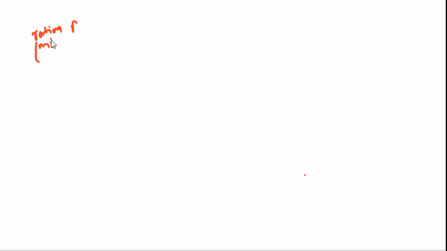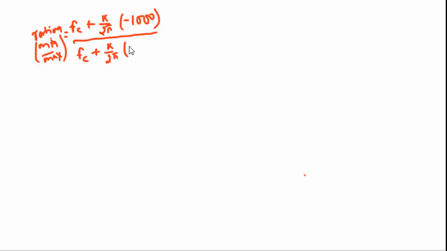So from these two you can write that the ratio of min to max is fc plus k by 2 pi times minus 1000, over fc plus k by 2 pi times 2000. K is given in the question as 10 pi, and fc as 50 kilohertz.